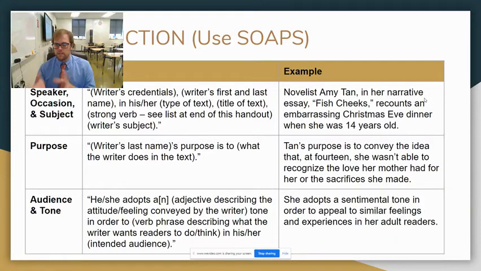So here we have, she adopts a sentimental tone in order to appeal to similar feelings and experiences in her adult readers. So it's more specific than you can be there.